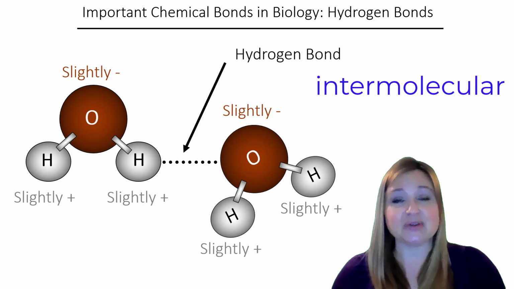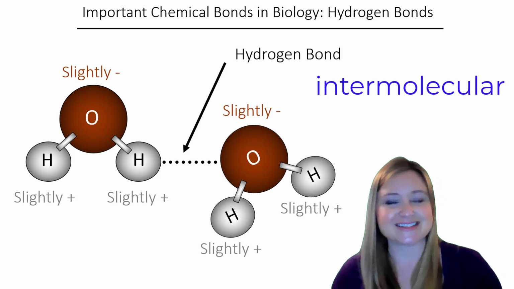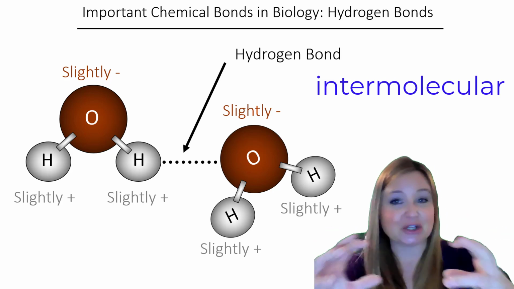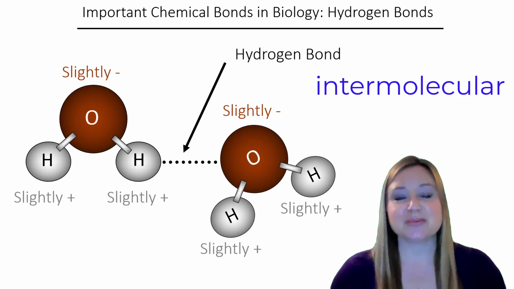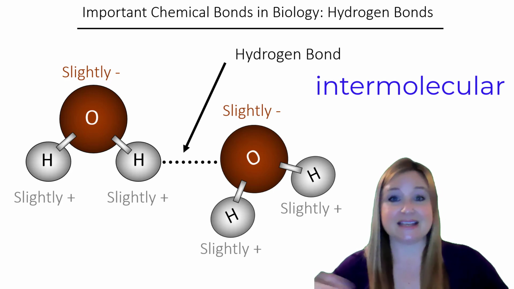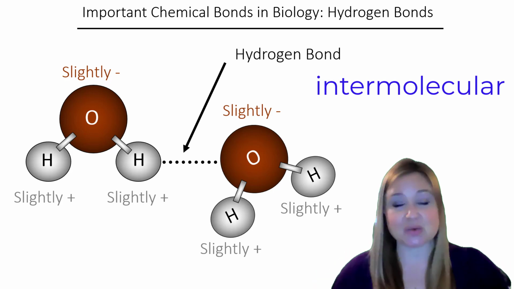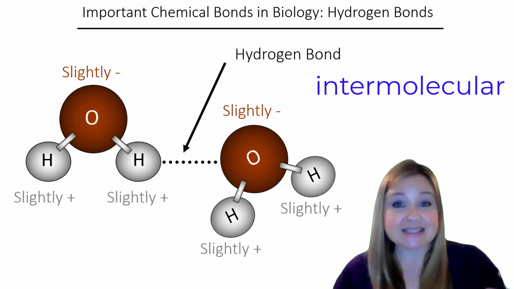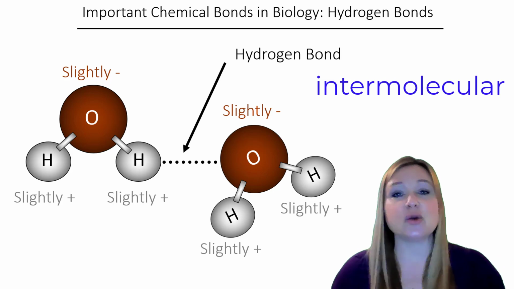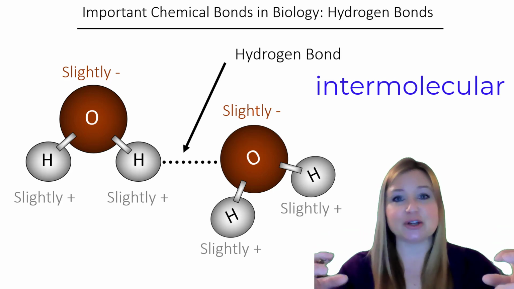And in fact, I'll tell you that chemists generally don't call these bonds. They call them forces or attractions. So they're intermolecular attractions. Inter meaning between. So the internet is the network between various locations in the world. International means between different nations. So inter means between, and the hydrogen bond is an intermolecular bond.